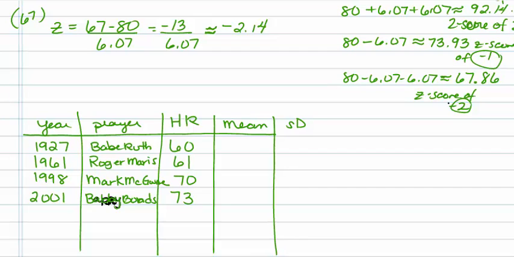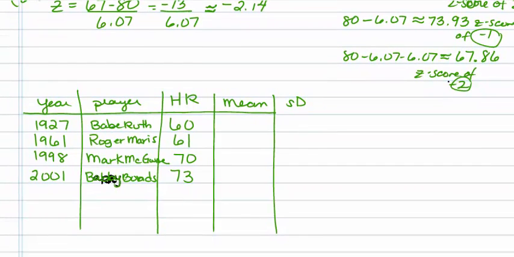So we're going to compute standardized scores for each performance because we're going to look at what the average is. In 1927, it was about 7.2 in a season. 18.8 in 1961, 20.7 in 1998, 21.4.